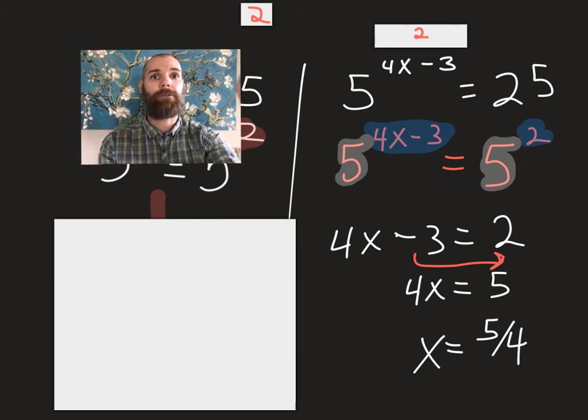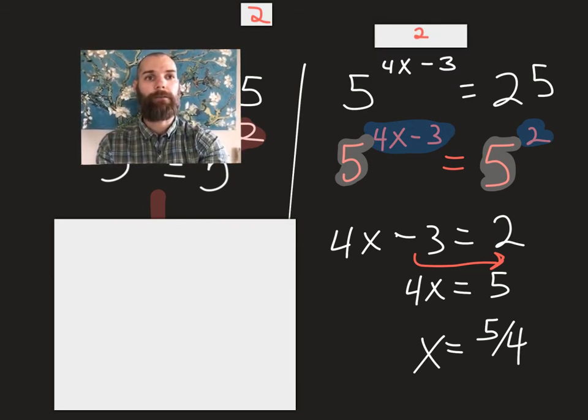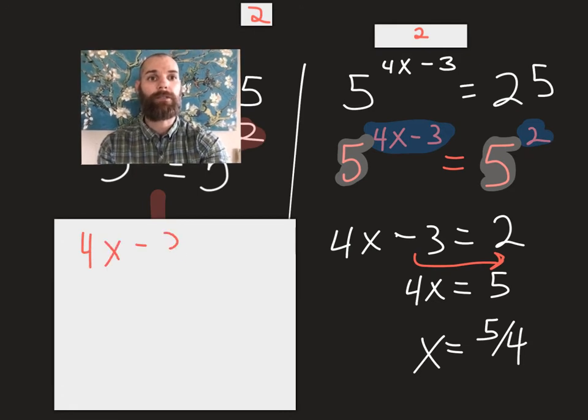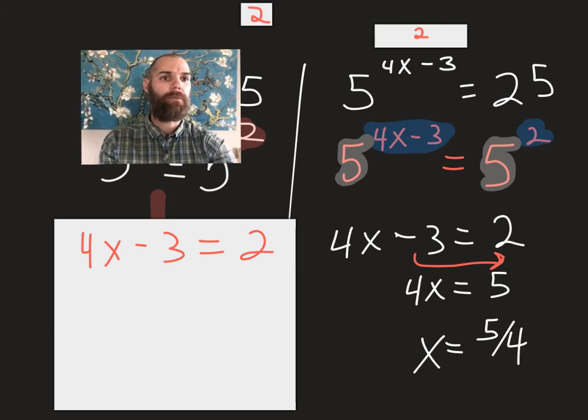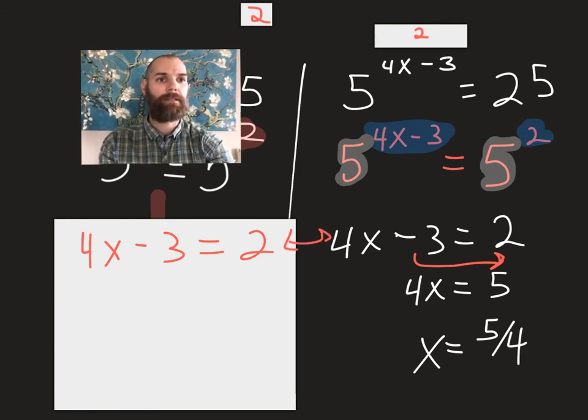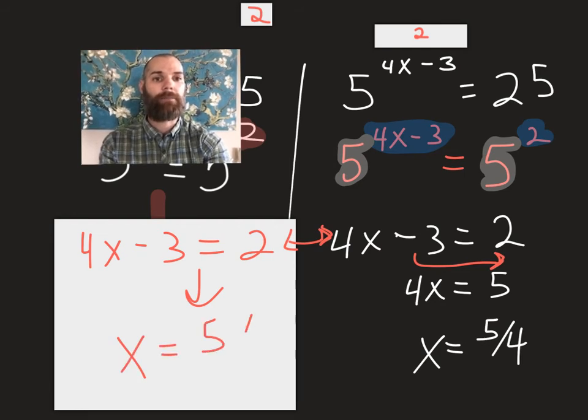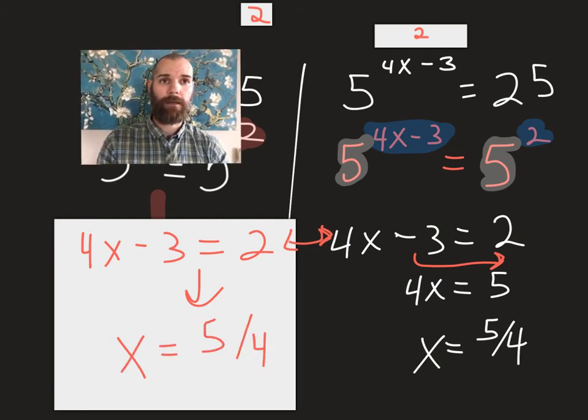So that means they are replaceable with each other, which means that the exponent of 4x minus 3 must equal 2. And then we can see, oh yeah, well that's just like the same thing that I was doing here. So I do my algebra and I would get the same exact answer. Just 2 different ways to think about completing the same problem.